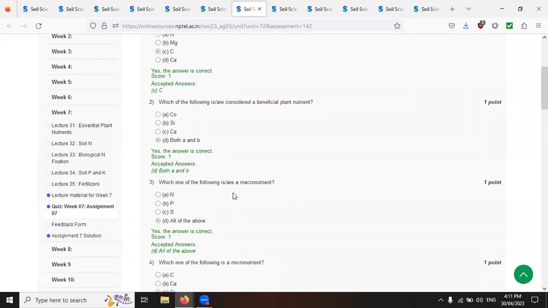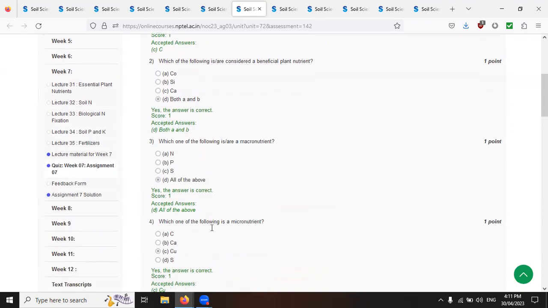Which one of the following is or are macronutrients? Nitrogen, phosphorus, or sulfur, or all of the above? We know the macronutrients are the 6 of them. NPK, Ca, Mg, sulfur. Which one of the following is a micronutrient? So is it carbon, copper, calcium, or sulfur?